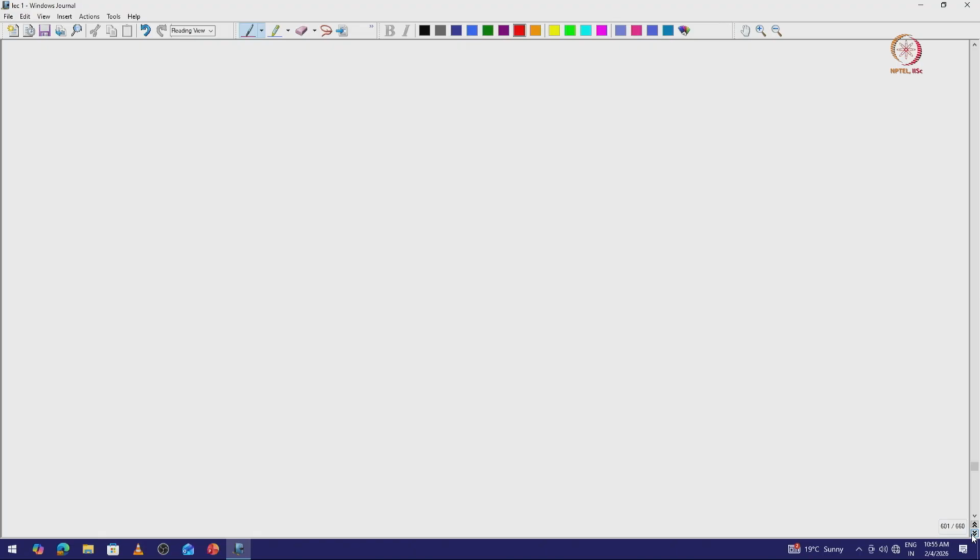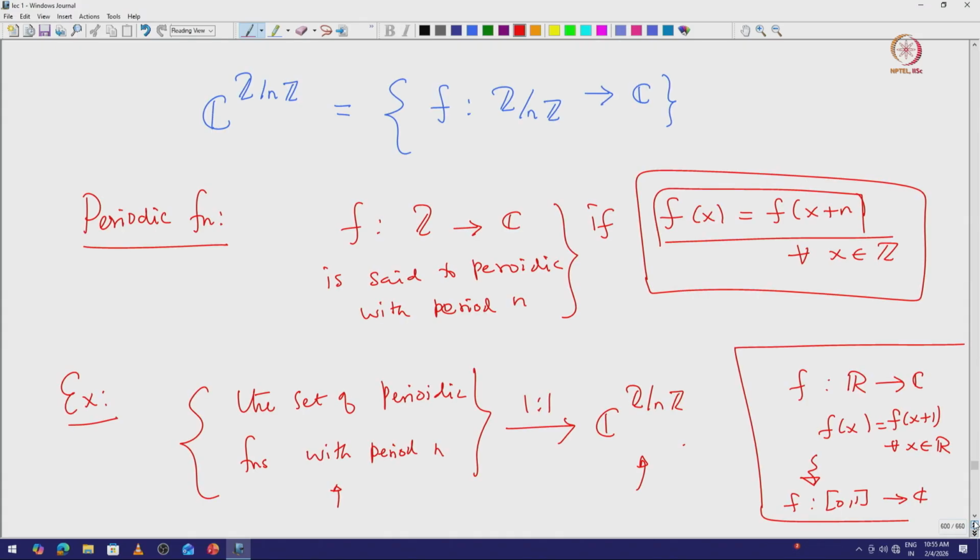So, recall that we already have the characters of this Z modulo nZ that form an orthonormal basis for this space of C valued functions from Z modulo nZ.